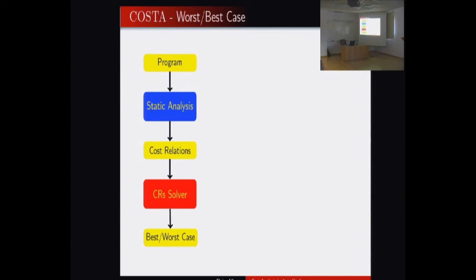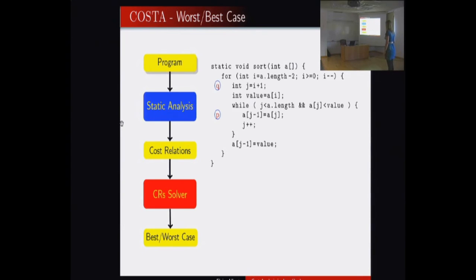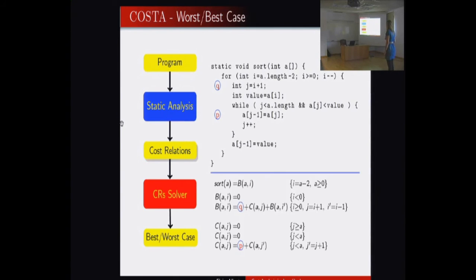In the first one, I start from the program and do some static analysis to produce cost relations, and then I solve them into the formulas we have seen, best and worst case. The program is the sorting algorithm again. After this static analysis, which for now is a black box, the tool generates automatically something like this.